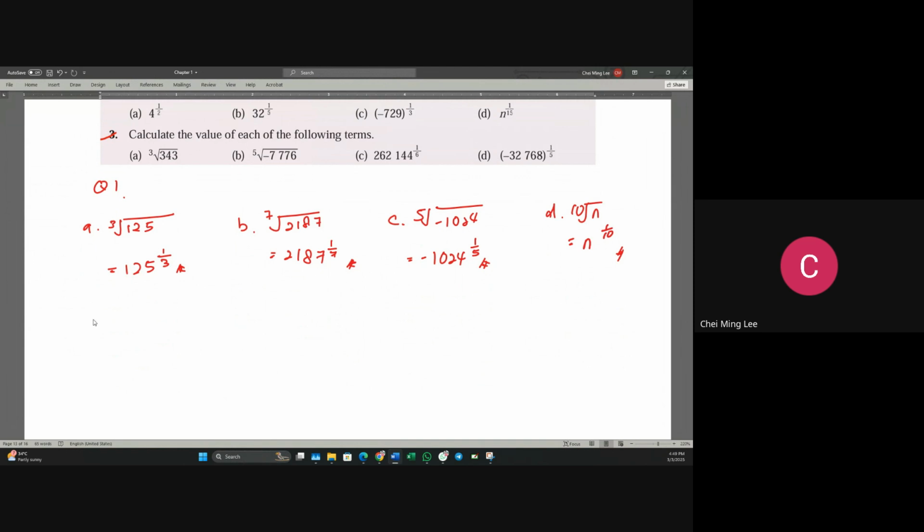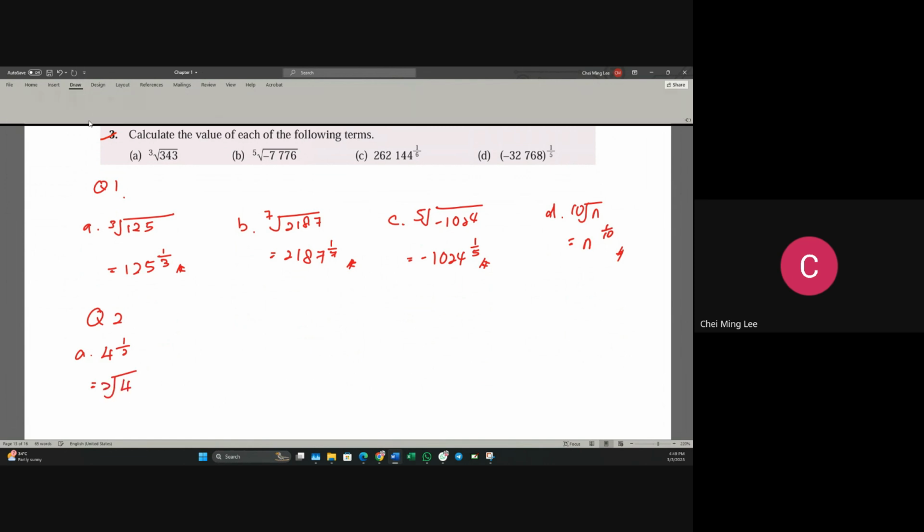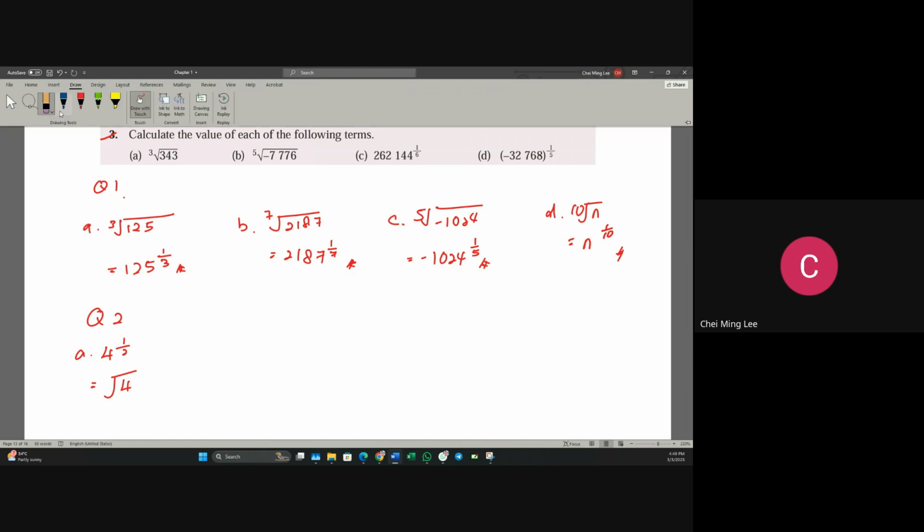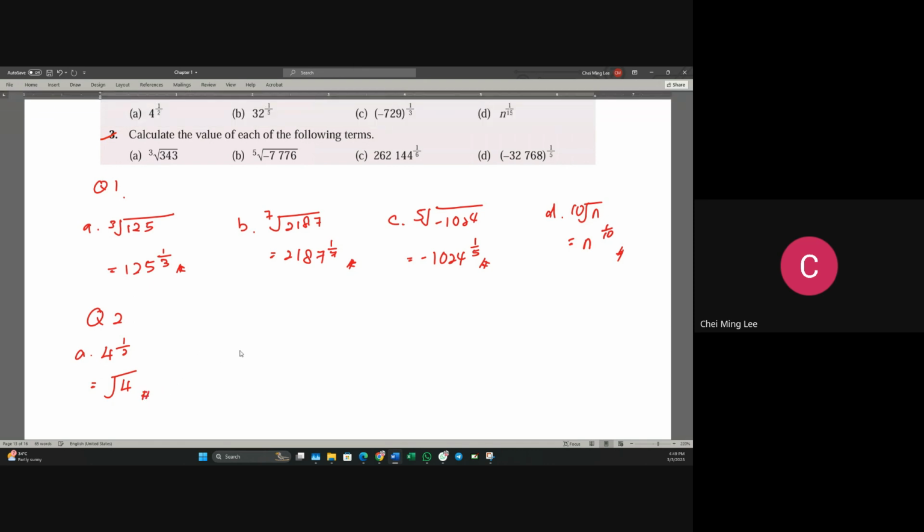Now for question 2, A, 4 to the power of 1 over 2 can change into the square root of 4. No need for the 2. Then for B, 32 to the power of 1 over 5 will be the fifth root of 32.